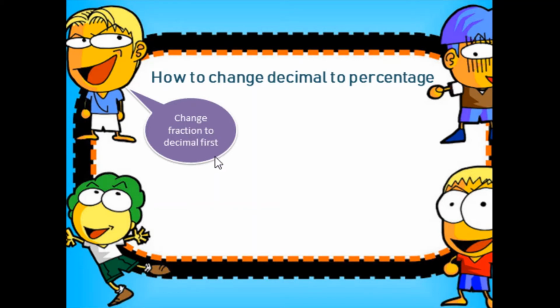If the given item is in its fraction form, you have to change it first to decimal form. Step 2. Move 2 decimal places to the right. Remember, when we change decimal to percentage, we move 2 places to the right, since the 100 in the percentage form has 2 zeros, just to make your solutions easy.